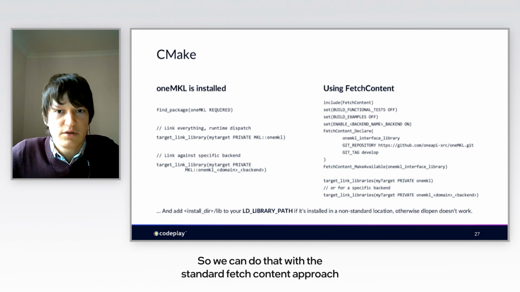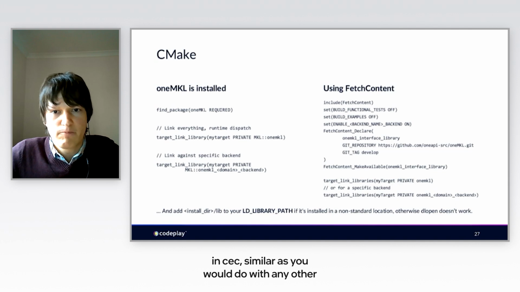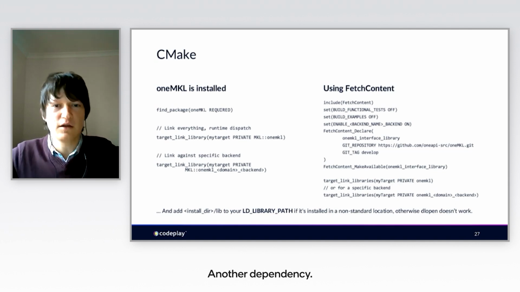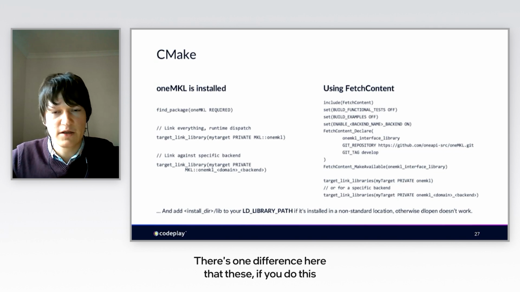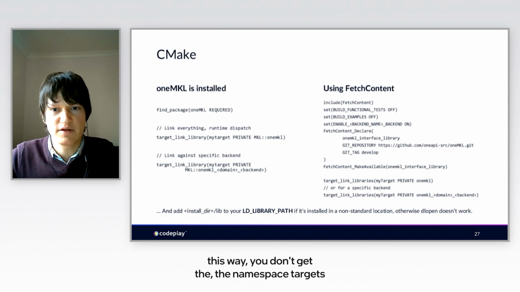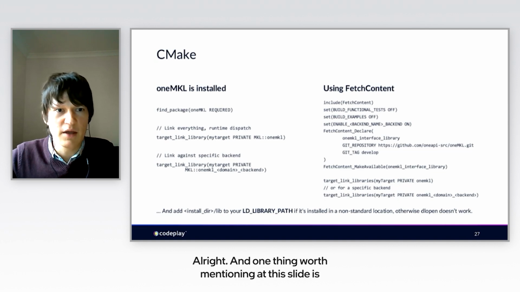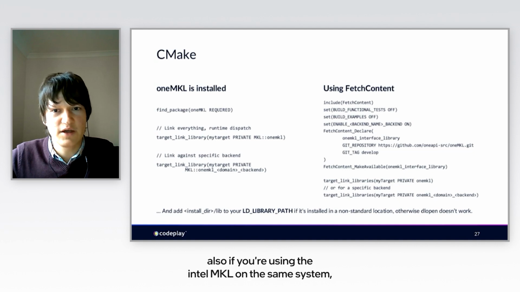So we can do that with the standard fetch content approach in CMake, similar as you would do with any other source repository, another dependency. There's one difference here, that if you do this this way, you don't get the namespace targets, they're just oneMKL here.